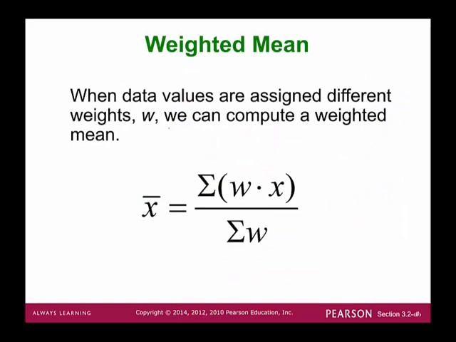And also the weighted mean, another important application of the mean. So data values are assigned different weights. We call that W. W represents a weight. We can compute the weighted mean: sample mean equals the summation of W times X over the summation of W. So GPA, right? GPA is an important application of the weighted mean.